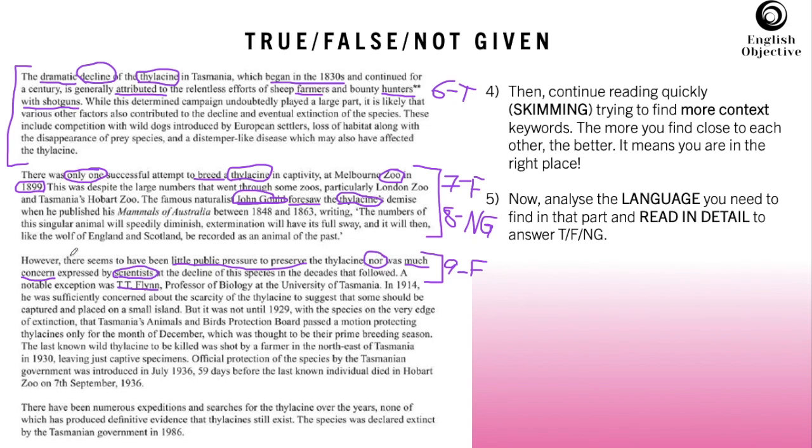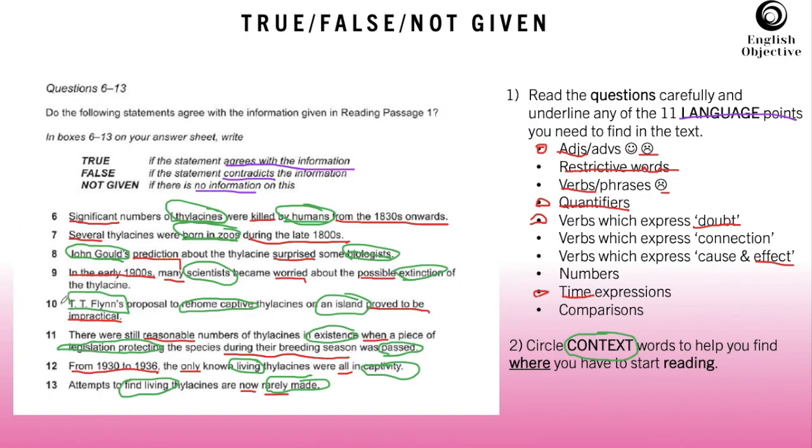Okay, so as we mentioned before, I have the next context keyword just there, which is the name from question 10. So let's have a look. Rehome captive animal on an island. Now, proved to be impractical. I have doubt and I have the negative adjective impractical.